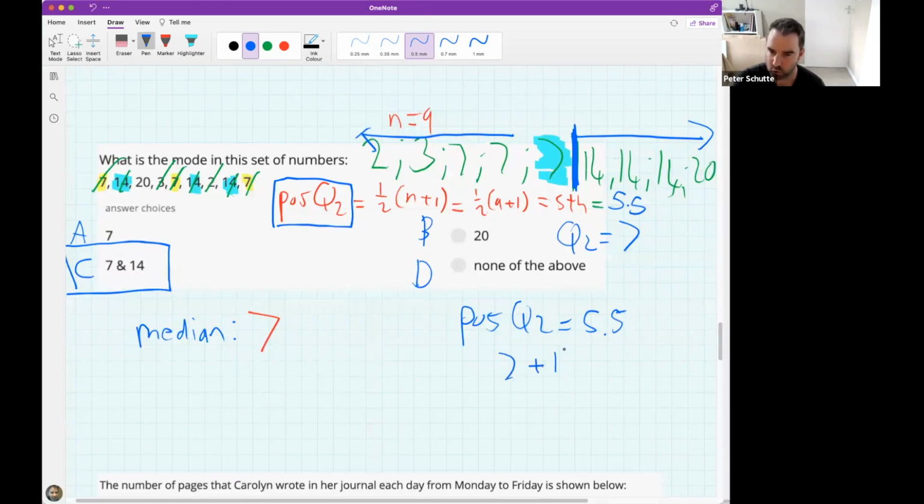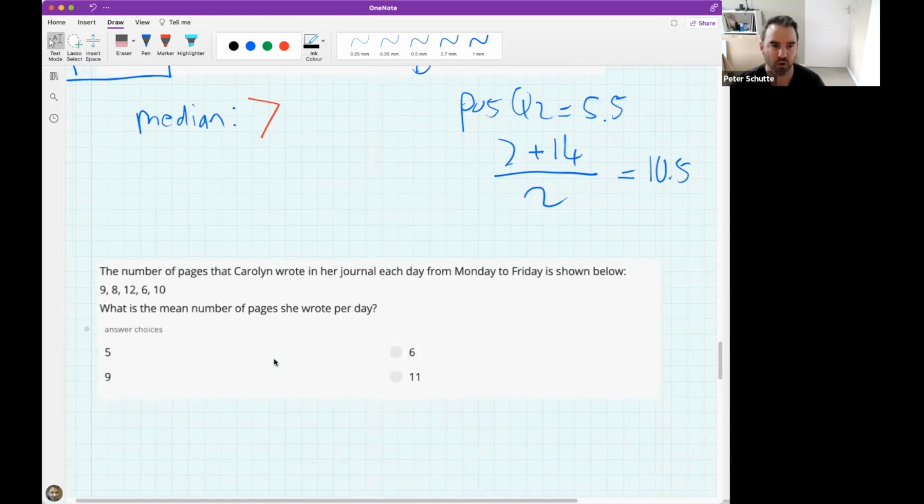It could be 7 or it could be 14. All that we do is we take the average of those two. So we add them together and divide by 2, and we get 10.5. And so the value of the median would be 10.5 if that position was true. But I'm making it up. In this case, it's not. I'm just using it as an example. Thank you very much, sir.